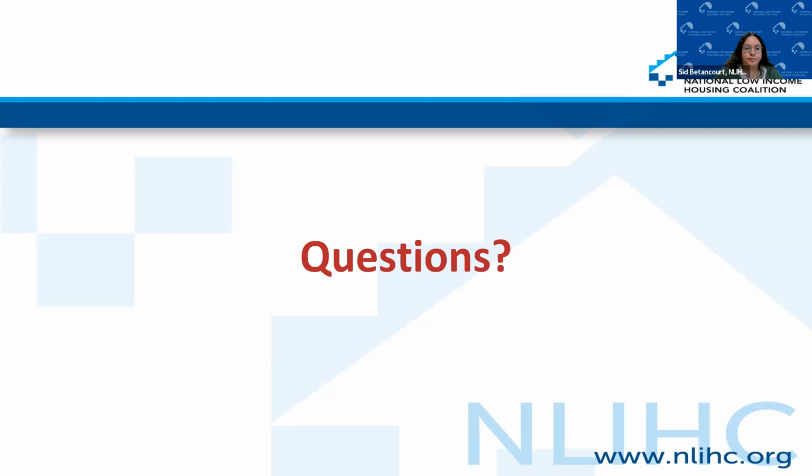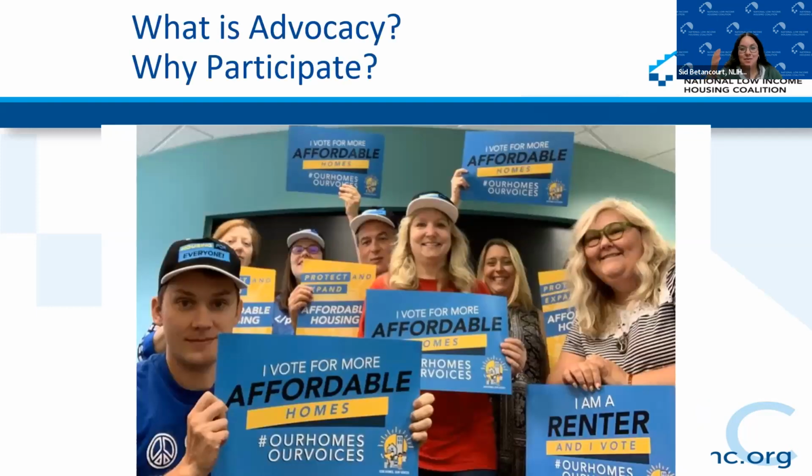Cool. So now let's talk about advocacy and why we're here. What is advocacy and why do we participate? As you know, or you may not know, advocacy is really just educating others about issues we care about and pushing for changes that we want to see in our communities, regardless of whether that's at the federal, state, or local level.